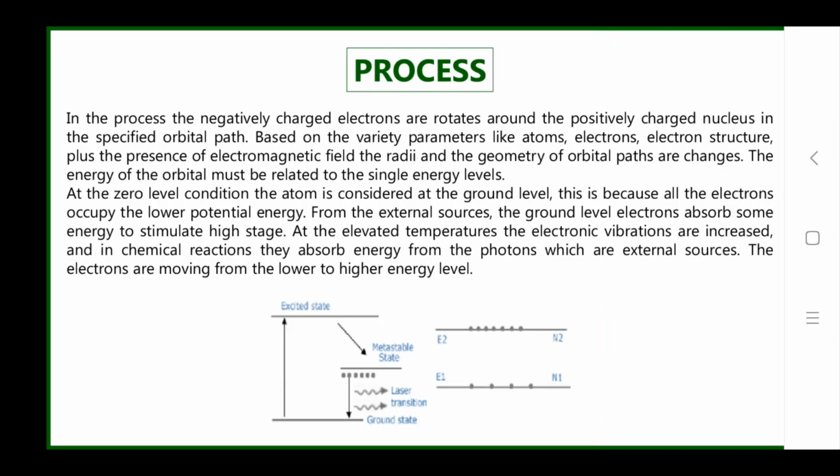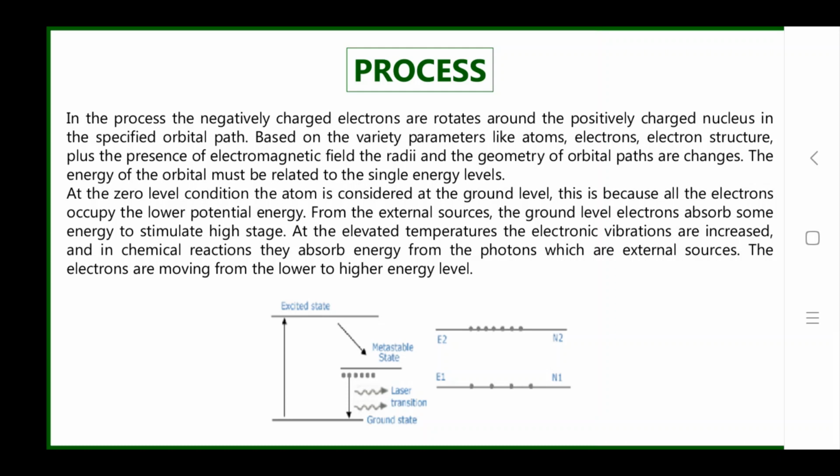Now we'll see the process of this laser beam machining. In the process, the negatively charged electrons rotate around the positively charged nucleus in specific orbital paths only. Based on various parameters like atoms, electron structure, plus the presence of an electromagnetic field, the radii and the geometry of the orbital path are changed.